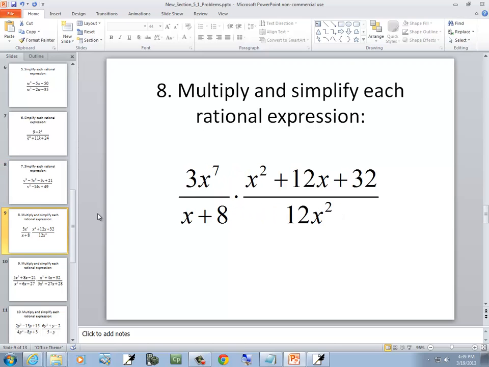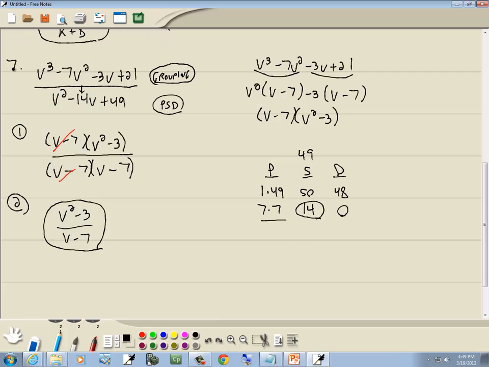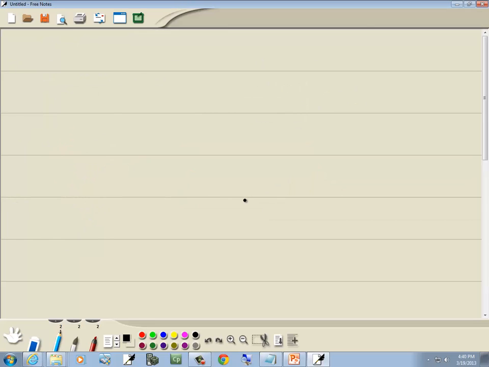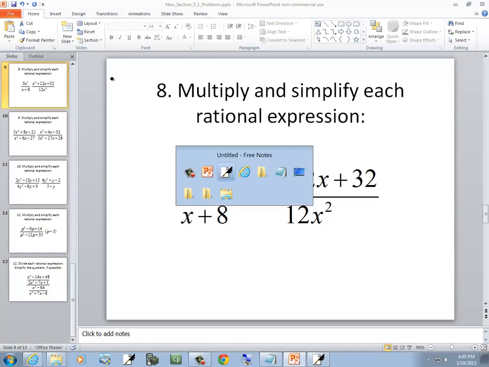And let's take a look at our next problem. This is multiplying. So we've got 3x to the 7th over x plus 8, times x squared plus 12x plus 32 over 12x squared.